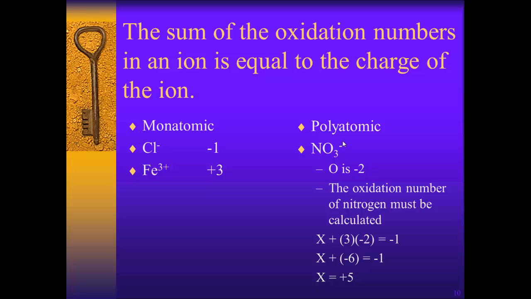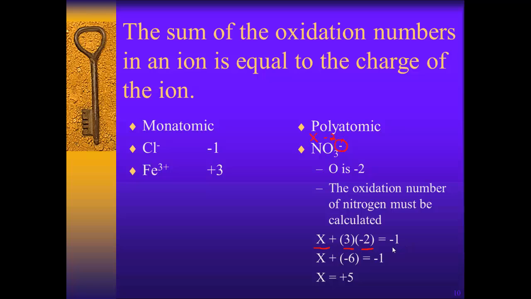But if we look at a polyatomic ion like nitrate, we see it has a -1 charge. But just like previously, we can assign oxidation numbers. We know oxygen is a -2. We don't know nitrogen. There's no rule for it. It can have lots of different oxidation states. We calculate it. There's only one nitrogen, so it's 1x. There's 3 oxygen. Each oxygen is -2.